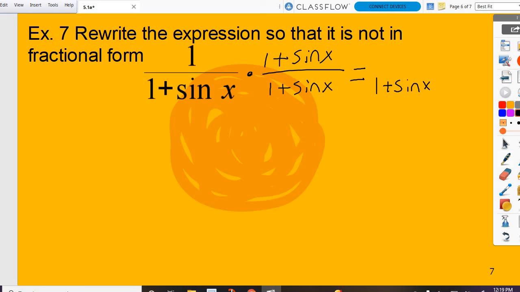Sine of x times 1 is what? Sine of x. And then sine of x times sine of x is sine squared of x. What am I going to end up with? 1 plus 2 sine of x plus sine squared? Yeah, it's going to be quadratic, which is not something that we want, because that's not my Pythagorean.